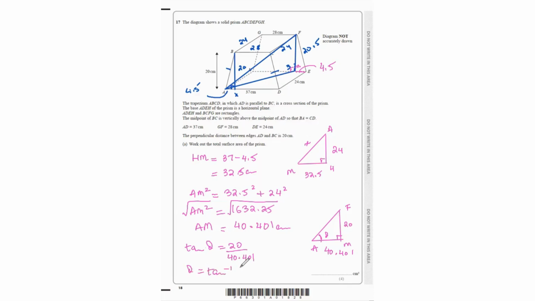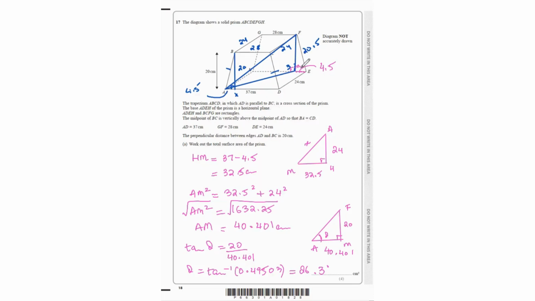That's tan inverse of 0.49503, and that gives us 26.3 degrees. That's the angle that the length AF makes with the base of the shape.